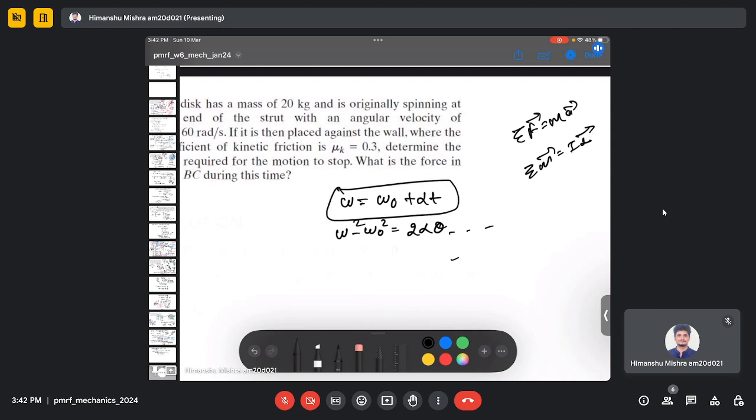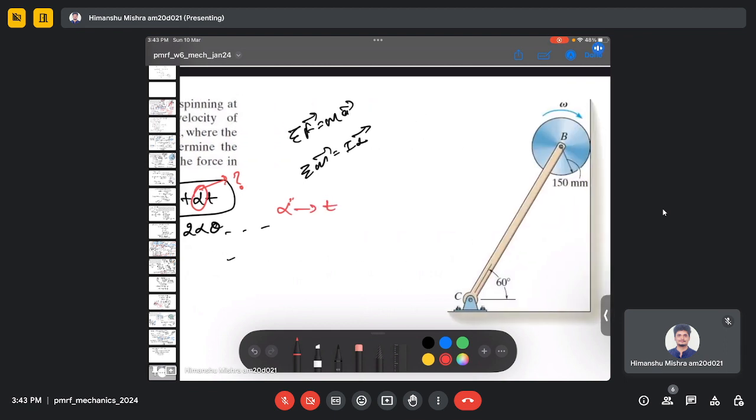And when we use the first equation, we need to actually calculate the angular acceleration, because this is the unknown quantity here. And only if we found the angular acceleration, then we can actually find the time required.